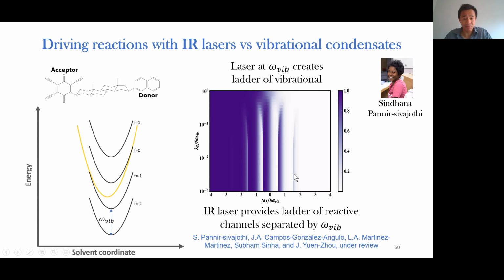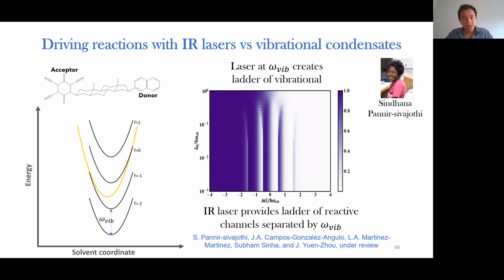You have 0 yield, but because you have photons now, and you say you dump about 0.1 photons per molecule, outside of the cavity, then you see some probability of the reaction even when the reaction was not spontaneous. And you also have some interesting features, like, for example, you can suppress the reaction completely when the reaction was spontaneous, right? So this is an effect of canceling the forward and backward rates.